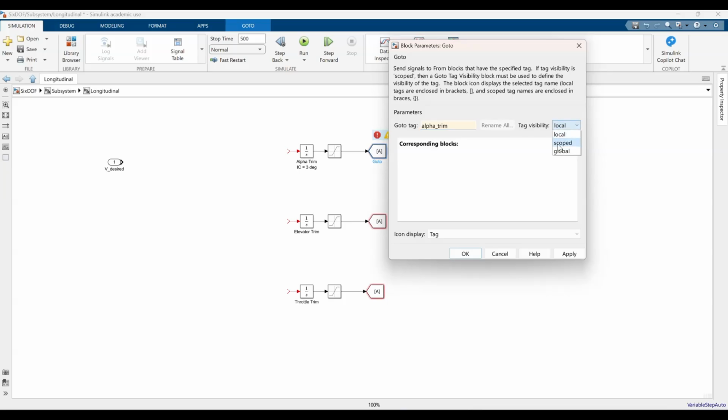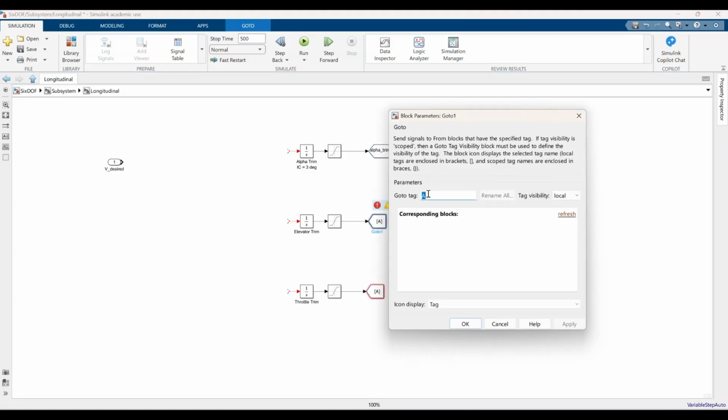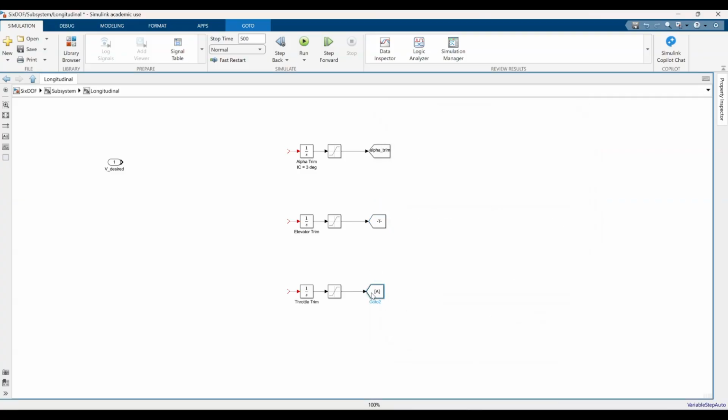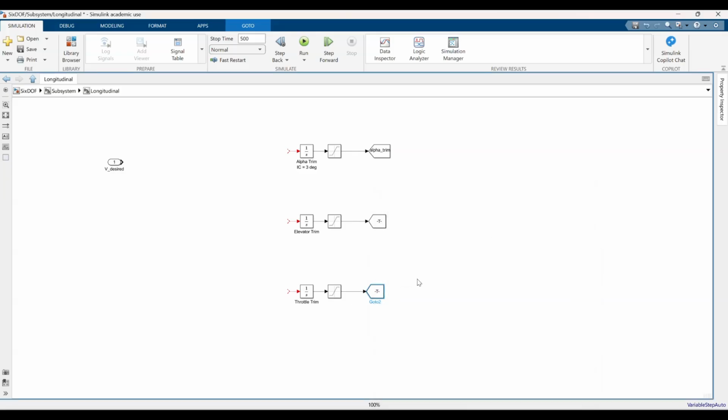Let's make that visibility global so we can use it elsewhere. You can make that longer to see the name. This will be del E trim, visibility global again, and this will be throttle trim, visibility global.